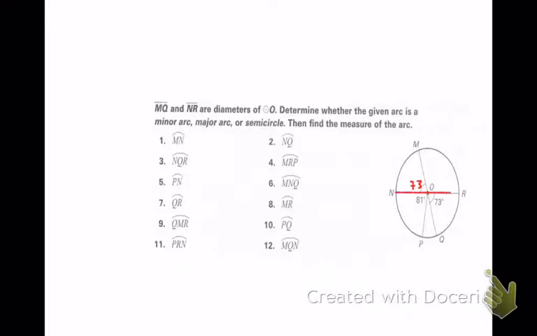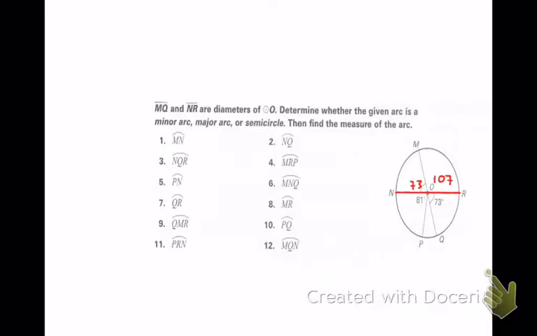This angle here, NOR, is a straight angle, and so now these two guys, here and here, are going to be a linear pair. They're going to be supplementary. So if I subtract 73 from 180, I get 107. Right? And then same thing here. To go from here to here, it's going to be 180.